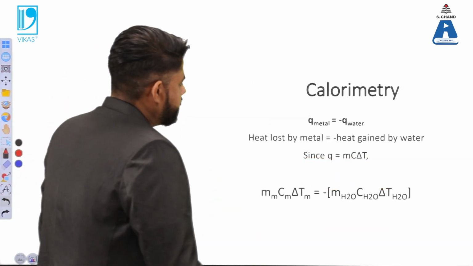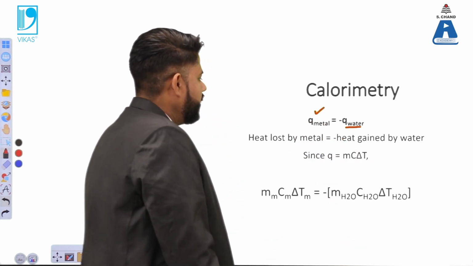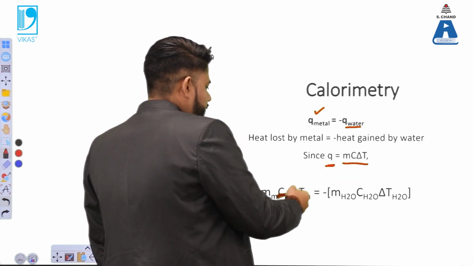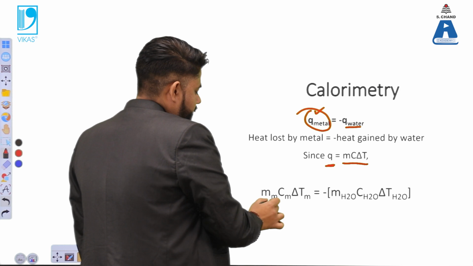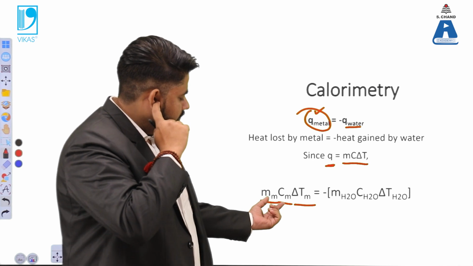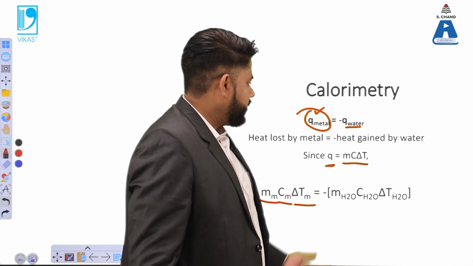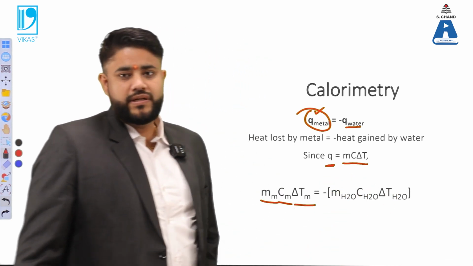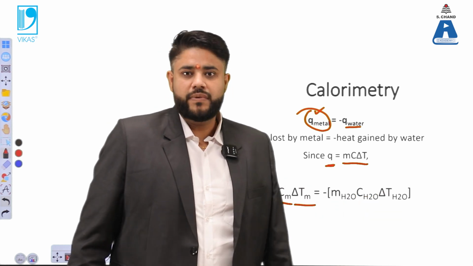In calorimetry, this is the basic concept, and Q or heat here is mc delta T. So, Q for the metal is mass into specific heat into the change in temperature, and this small m indicates the case for the metal, and negative of the heat gained by the water, that is mass into specific heat into the change in temperature for the water. So, mass of water, specific heat of water, and the change in temperature for water.